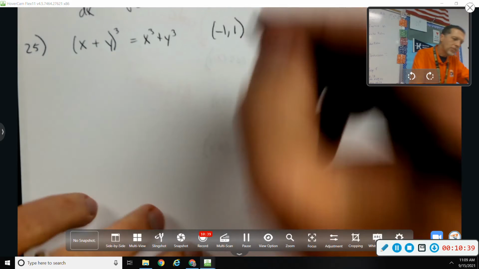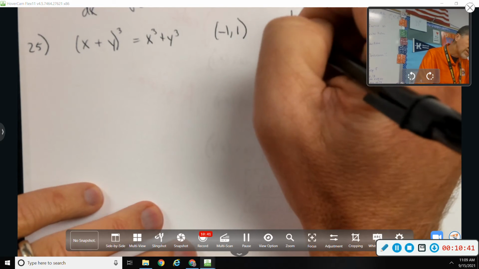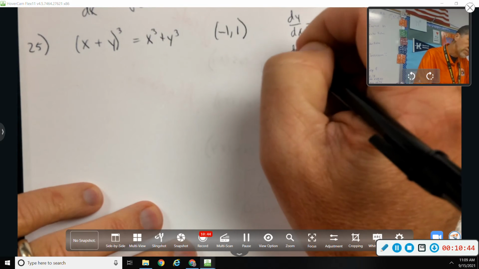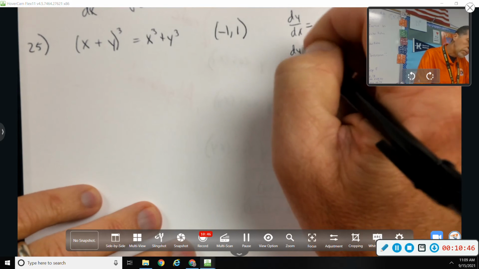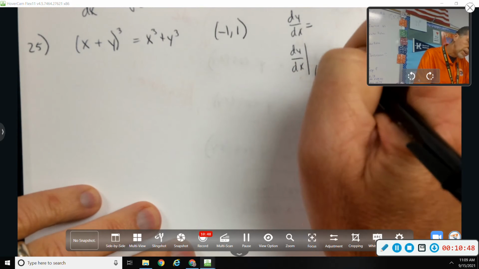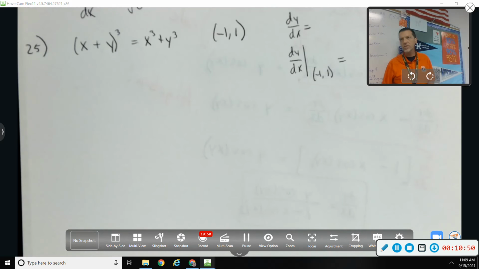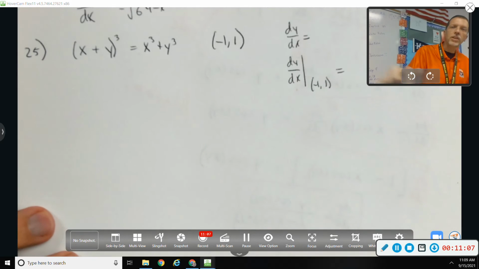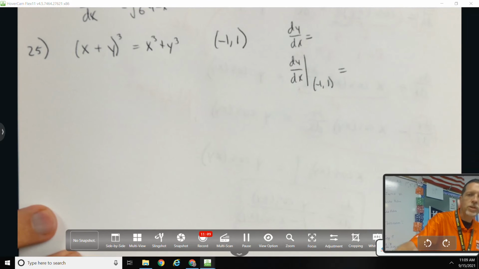My answer is going to be dy/dx equals whatever, and then dy/dx at (-1, 1) equals whatever. It asked me two questions. Make sure you answer both. There were one or two on the last test where it asked for two things and a few people answered one thing with a box around it, and if they didn't tell me which one it was, I couldn't give them any credit. They obviously didn't get full credit until they answered both questions.